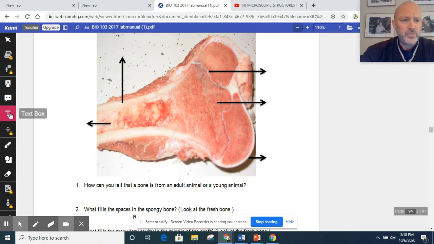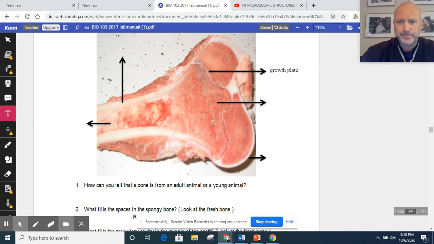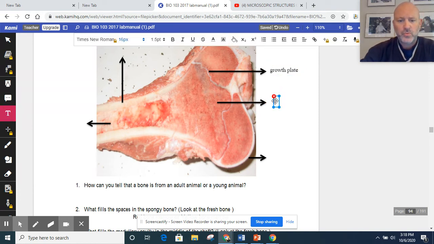All right, so let's see if we could label these things here. This is the growth plate, the epiphyseal plate. It's in the epiphysis that we see red bone marrow. That's where red bone marrow would be.